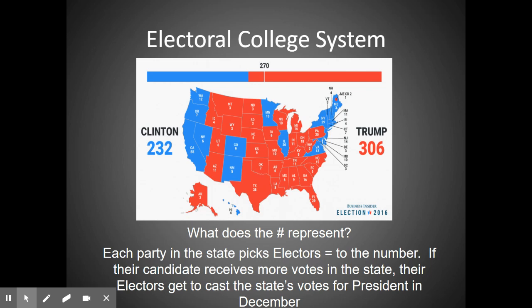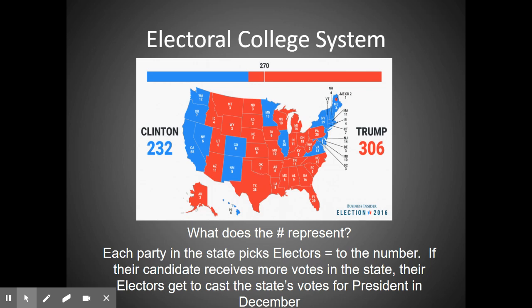What that meant is then that since Trump got more votes, the 20 Republican electors, individuals chosen by the Pennsylvania State Republican Party, got to go to Harrisburg in December and actually each cast a vote for president. Right? Had Clinton gotten more votes in Pennsylvania, the 20 previously selected Democratic electors would have been sent to the state capitol in December to make that decision.